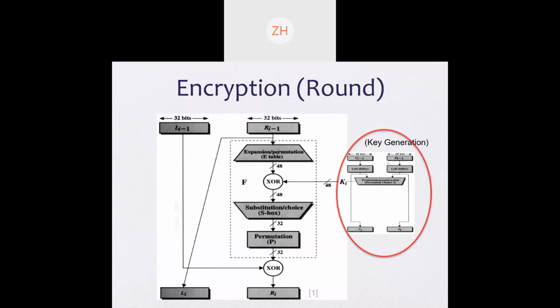This is not the hardest, it's easy also, not difficult. If you are given the tables, you are given all the boxes, you will understand. I just want to show how they manipulate the key generation algorithm to have a different key for each round.